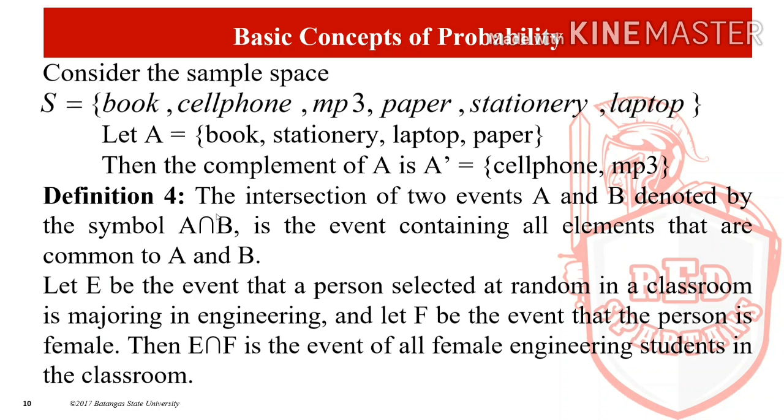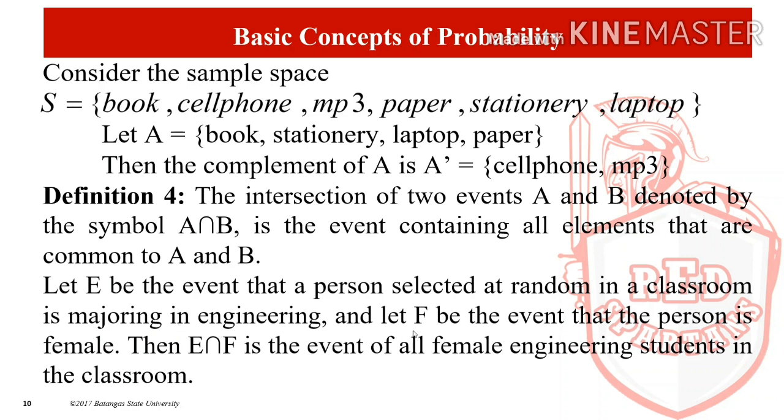Then, definition 4, the intersection of two events A and B denoted by the symbol A intersect B is the event containing all elements that are common to A and B. So, dito naman yung alin ba? Saan ba sila nagkaparehas? So, kung merong nagkaparehas, ibig sabihin merong intersection. So, let E be the event that a person selected at random in a classroom is majoring in engineering.